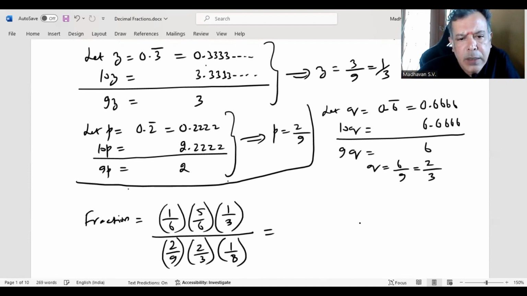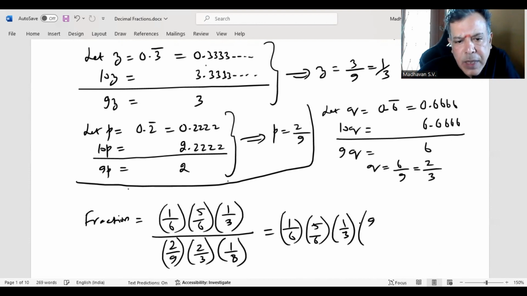We will now get 1 by 6 into 5 by 6 into 1 by 3 into, we write the reciprocals of the denominator because we are multiplying now, 9 by 2, 3 by 2, 8 by 1.